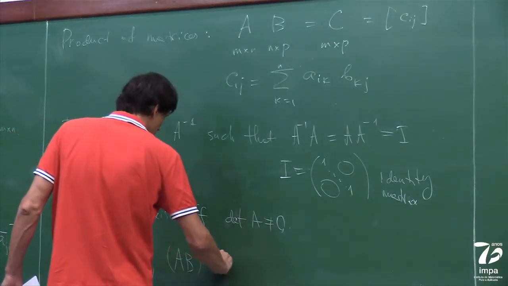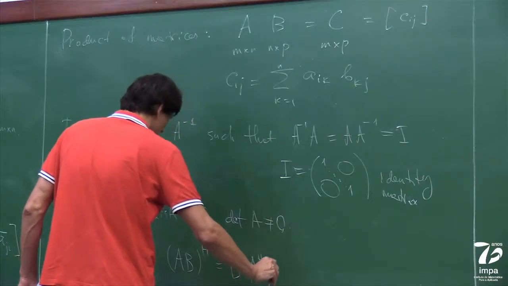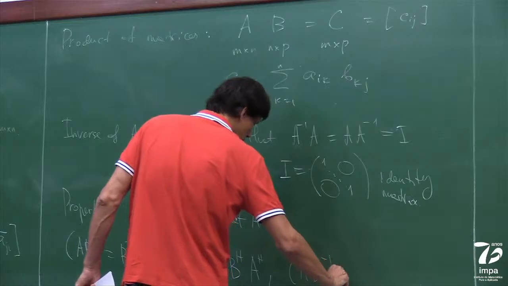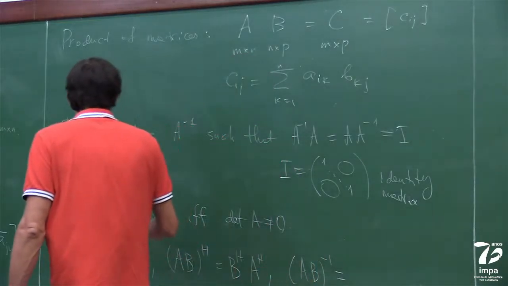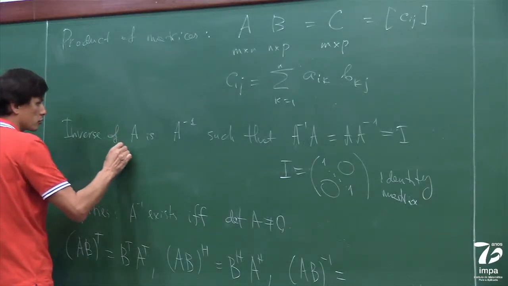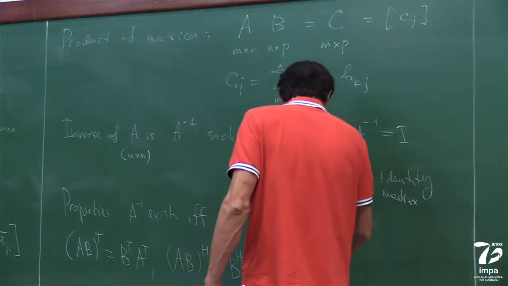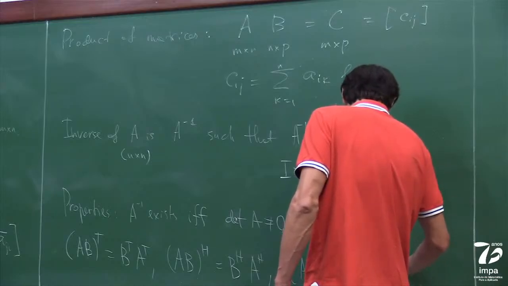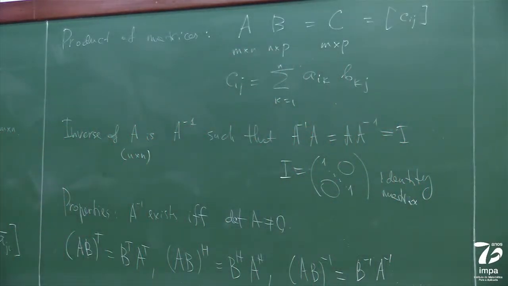Same with Hermitian, and same with the inverse. A should be n by n, a square matrix, since the inverse only exists for square matrices. So it will be (AB)^-1 equals B^-1 A^-1.